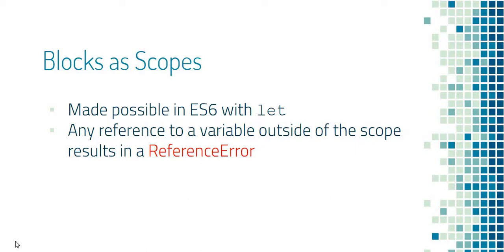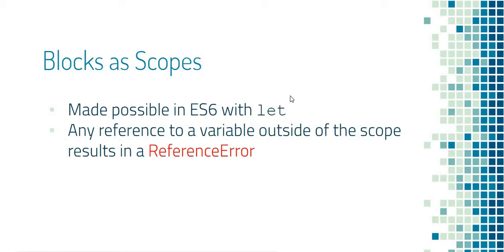And when we use the var identifier to declare a variable, the scope of the variable was limited to the function we declared the variable in. But with the release of ECMAScript 6, blocks as a scope was made possible, and that was made possible with the help of the let identifier.